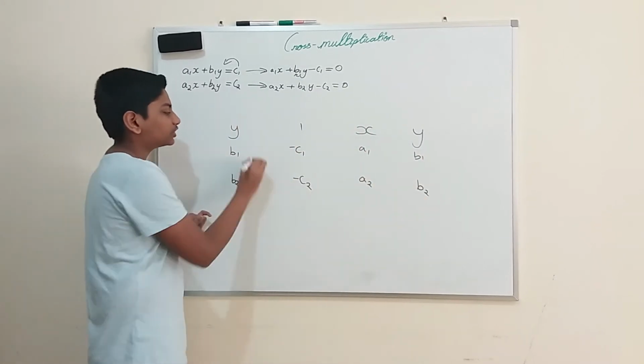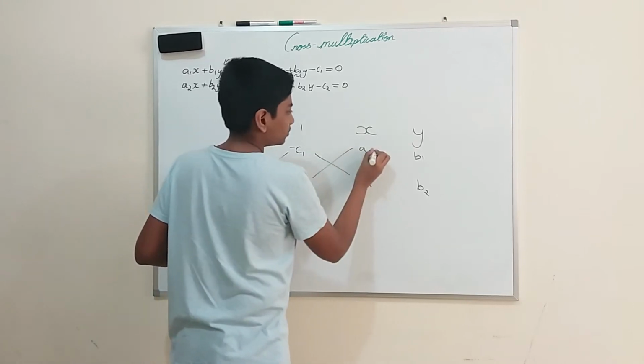Now what we should do, we should cross multiply them, these two and these two.